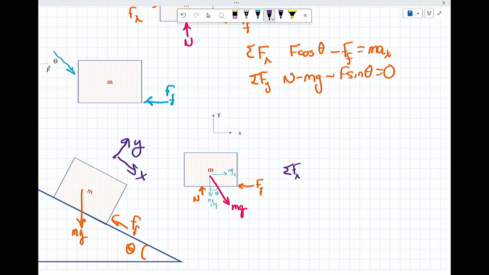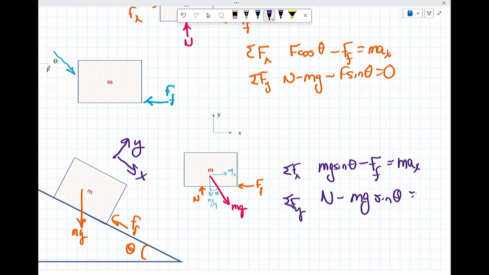sum of forces x, which is mg sine theta minus force of friction, which equals max, and sum of forces y, which is N minus mg sine theta. And often in these cases, what happens is the force driving the block down the ramp is the weight.